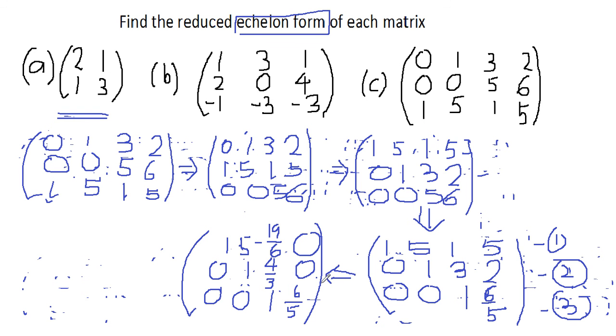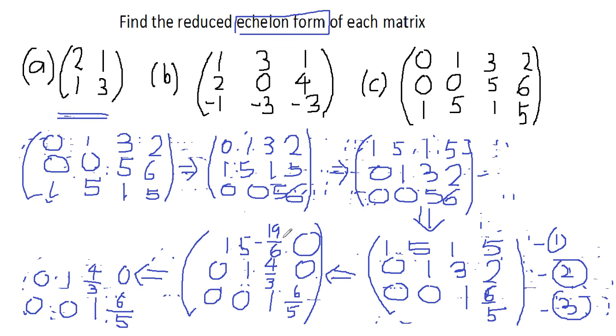So now let's use row 2 to eliminate the variable in the first row. So 0, 0, 1, 6 over 5. Now you want to make this 19 over 6 so that we can eliminate this.